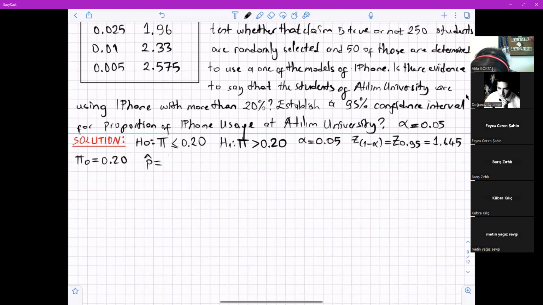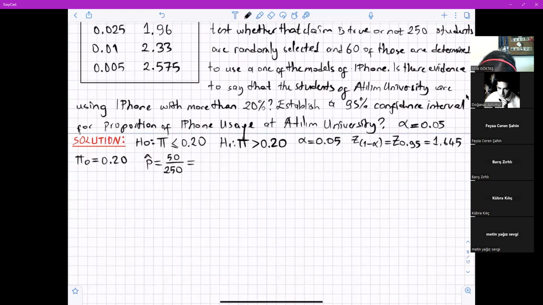And this is 50 divided by 250, exactly 0.20, but I will change it to 60.